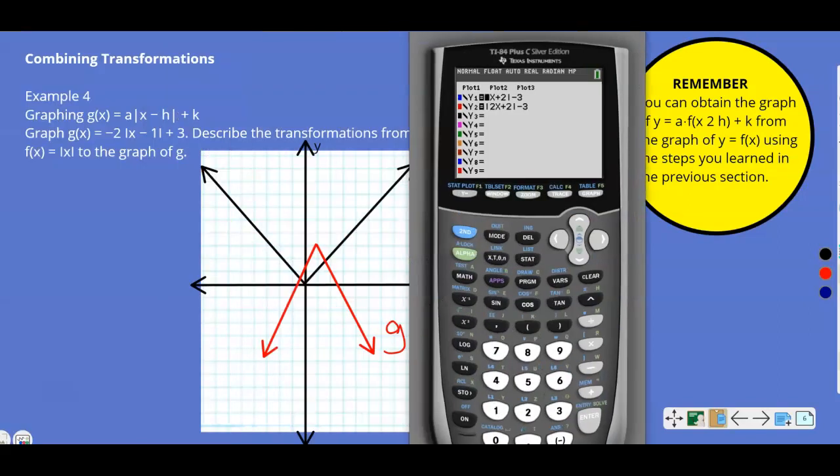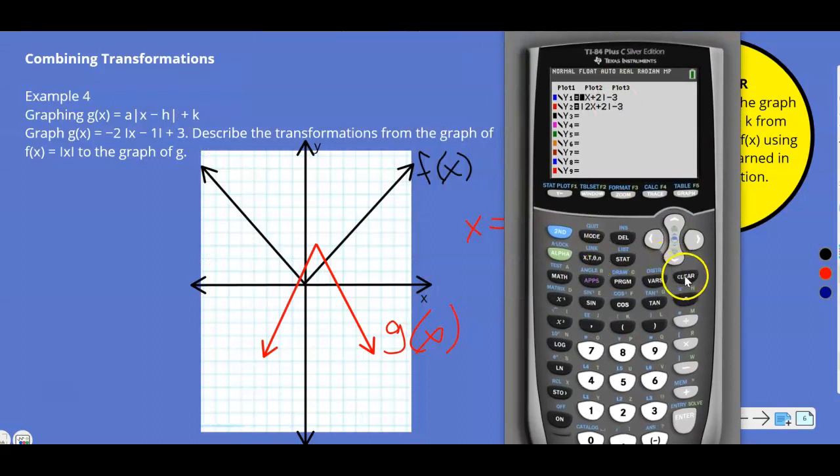So if you want to go to y equals, and then you can just type in g of x, so -2, and then math over to number, ABS. So x minus 1, and then come outside your absolute value and do plus 3.